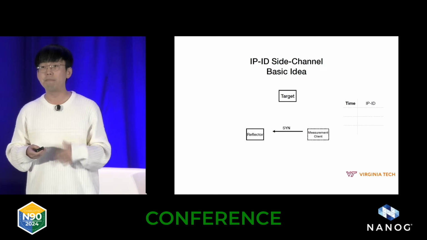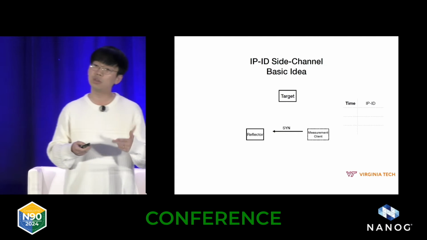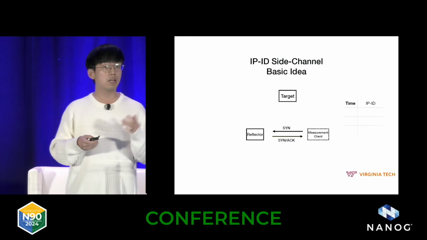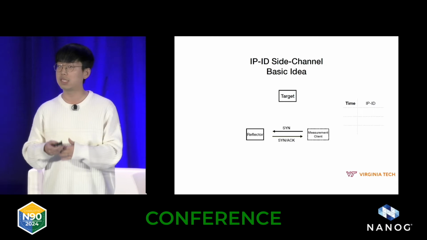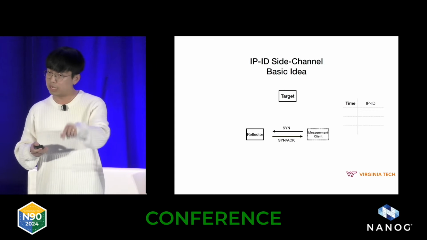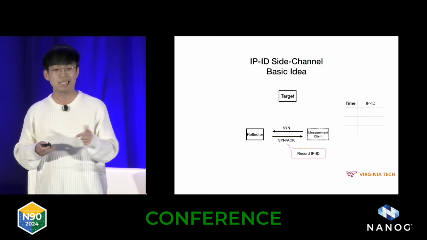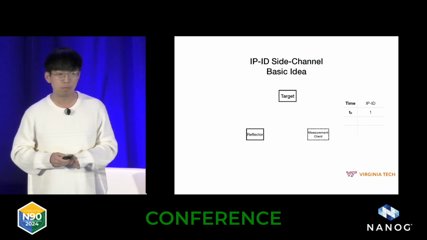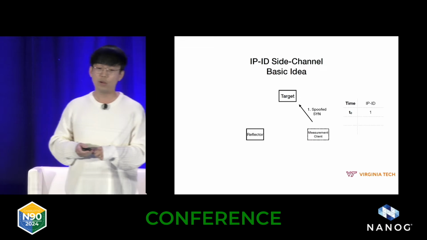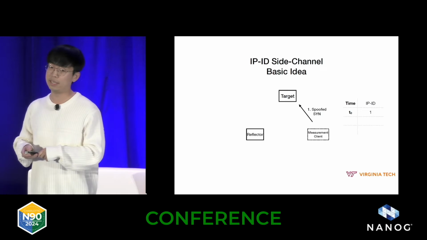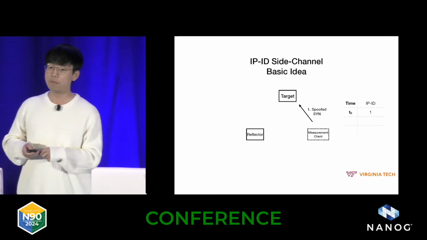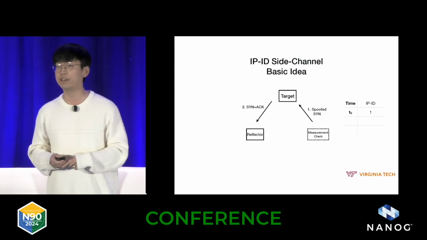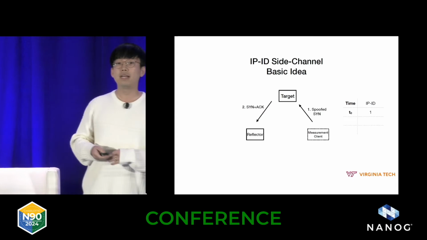We keep measuring the IP-ID values by sending a SYN packet to the reflector. If the reflector sends back a SYN plus ACK packet, then we can record this IP-ID value. For example, let's say this is 1. Then we send a spoofed SYN packet to a target to make it send a SYN plus ACK packet to the reflector.